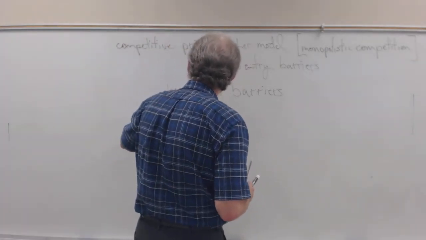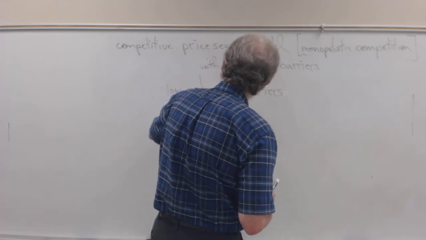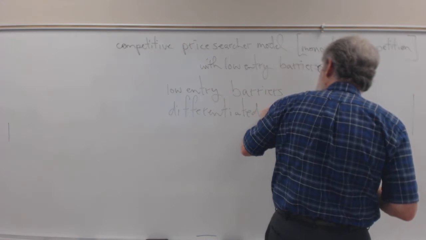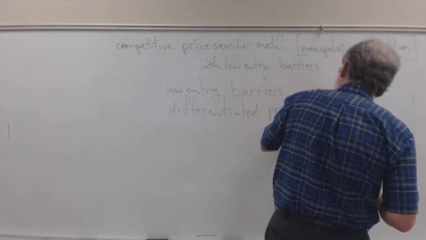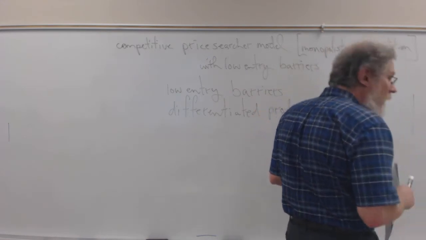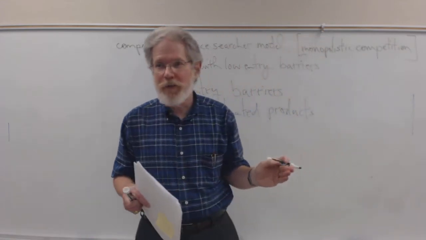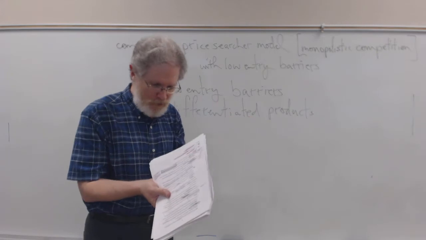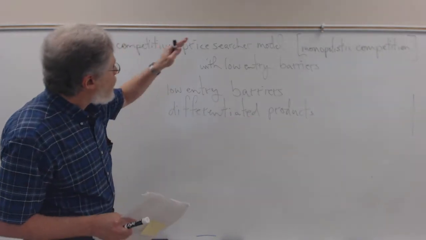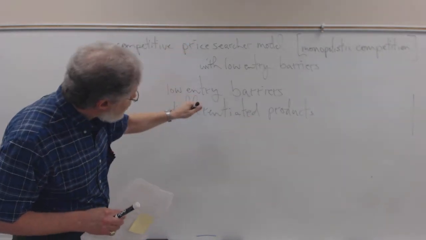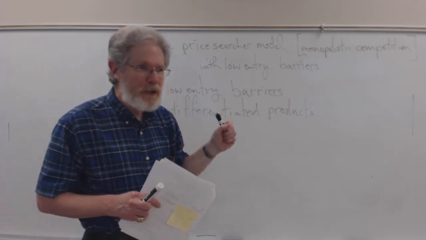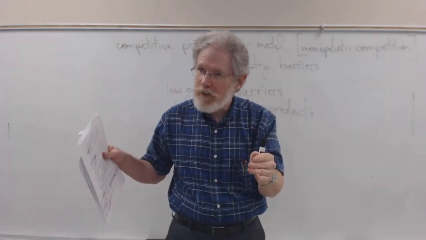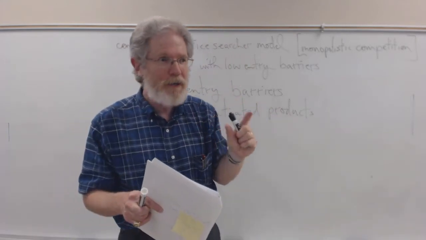Second, differentiated products. Price taker market, everybody's producing exactly the same thing, like wheat producers. Okay? In a price searcher model, products are differentiated. Even though you may have a lot of different firms producing the same product, those products are not exactly the same.